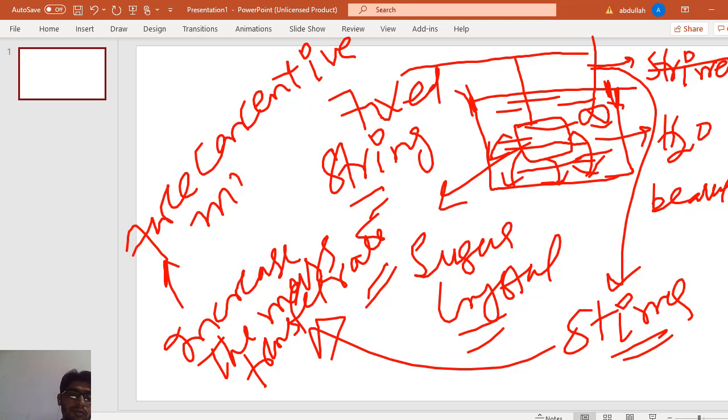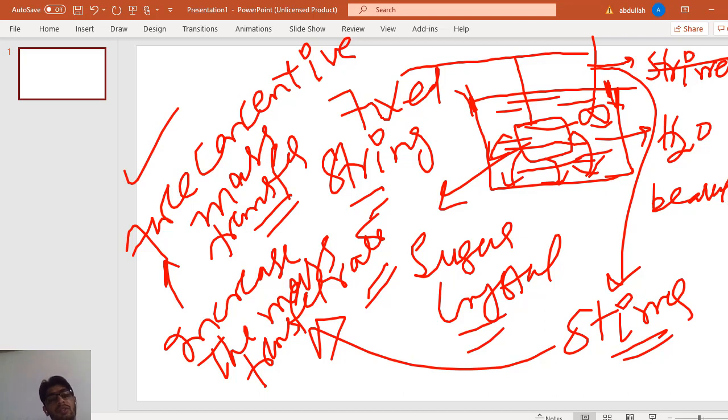So the forced convective mass transfer increases the mass transfer rate many times as compared to the natural convective mass transfer. Similarly, the forced convective heat transfer process increases the heat transfer rate many times as compared to the natural convective heat transfer process.